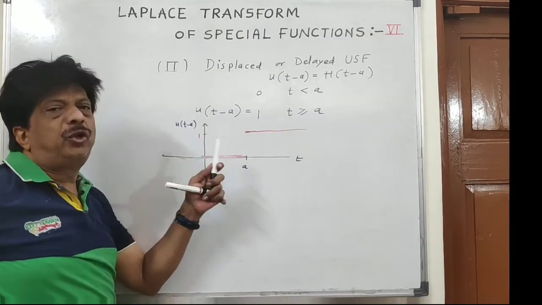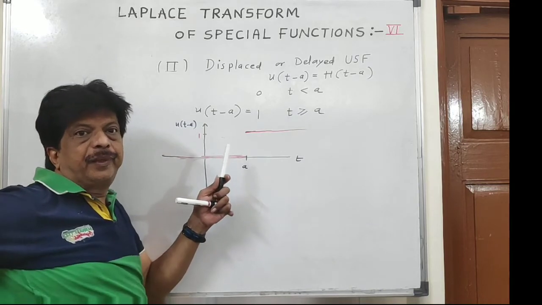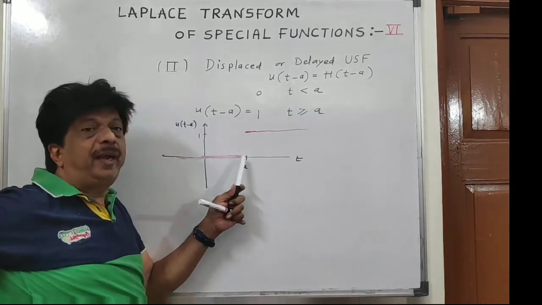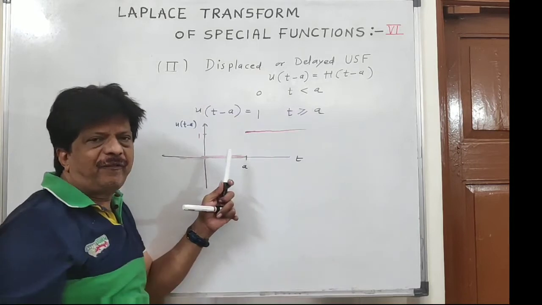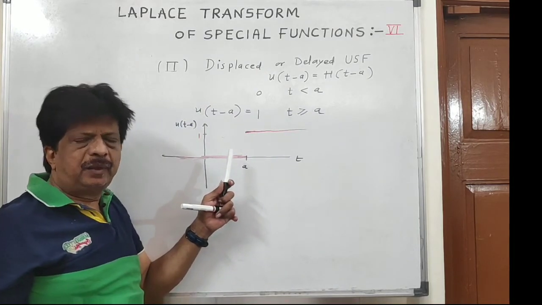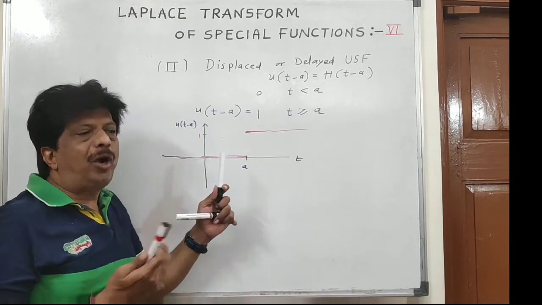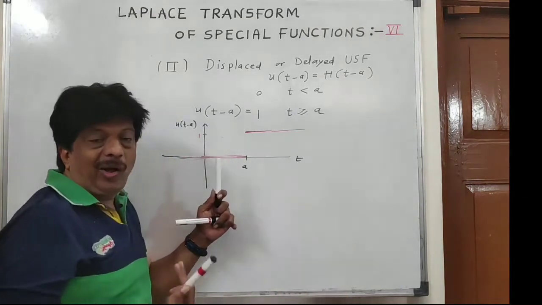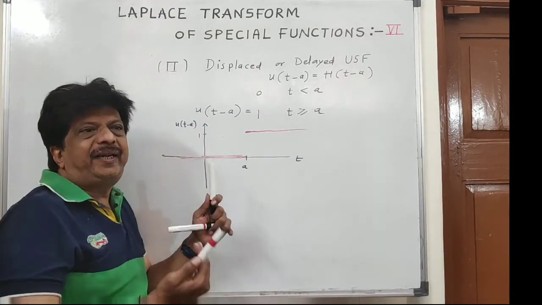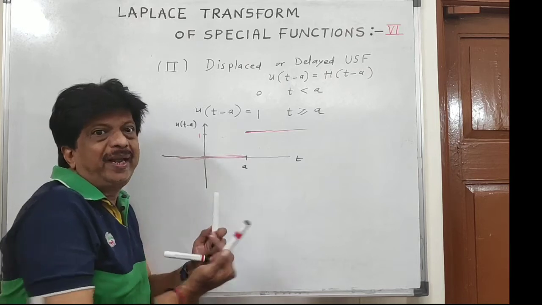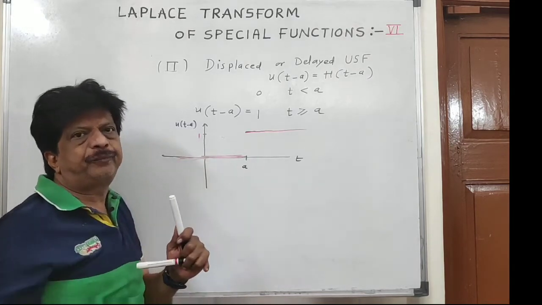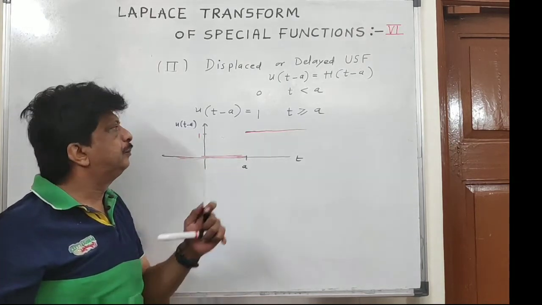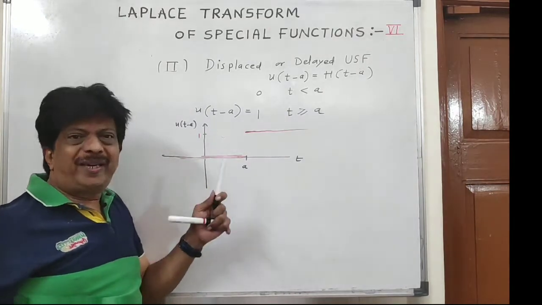It is giving the unit signal from t equal to a and onwards. That is the meaning. That is why it is also called displaced or delayed. At time t equal to a it is providing the signal of unity. So from the plot itself, it can be better understood.